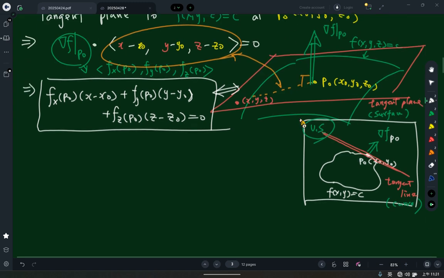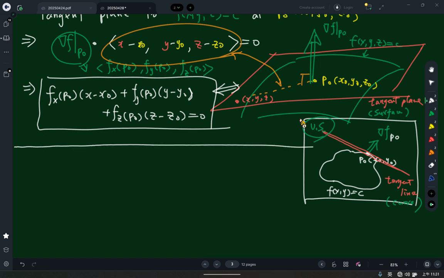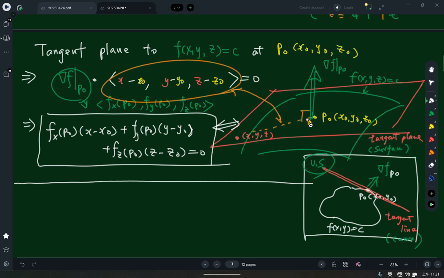Another possibility is, I just try to make it in the same slide so you can make a comparison.